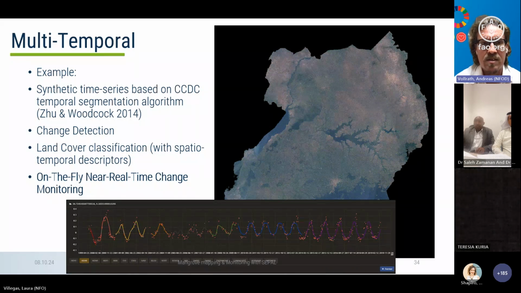One example is the CCDC algorithm that allows you to create what's called synthetic time series. You can see an example here on the right. But it also allows you to do change detection and land cover classification. And we even use this, for example, for near real-time monitoring and disturbance mapping. Next slide, please.